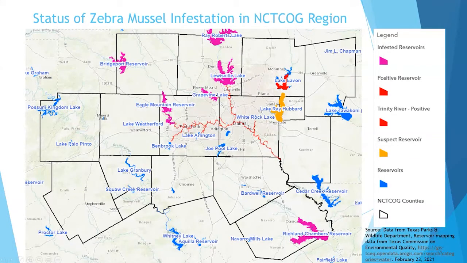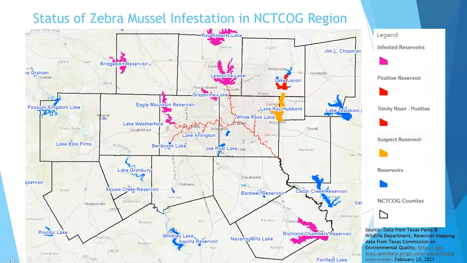The Trinity River also classifies as positive. Then there's one suspect reservoir in our region, Lake Ray Hubbard, in orange, and that means that zebra mussels have been detected one time. I wanted to show you a map because it's easier to see visually than in a list. Hopefully it's helpful to you.